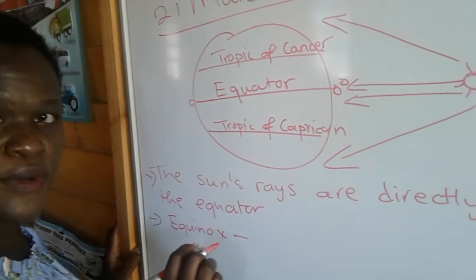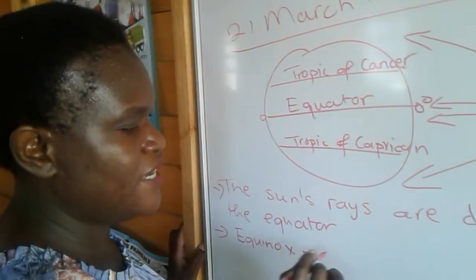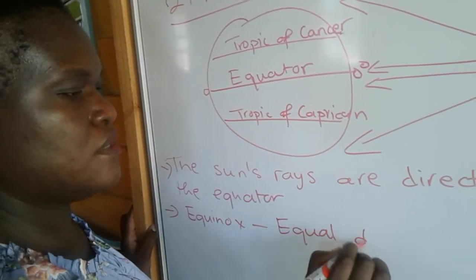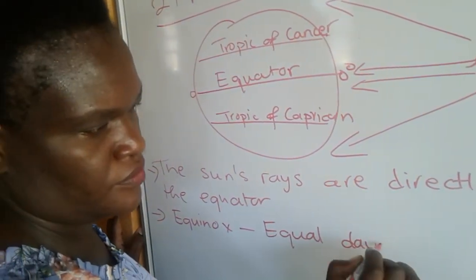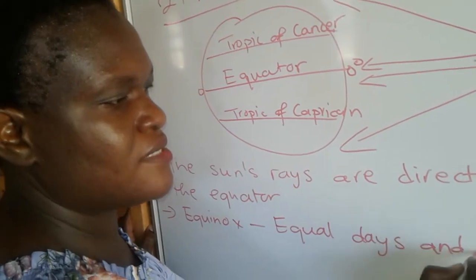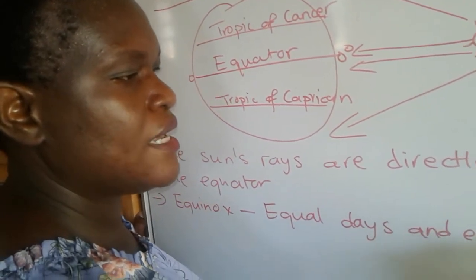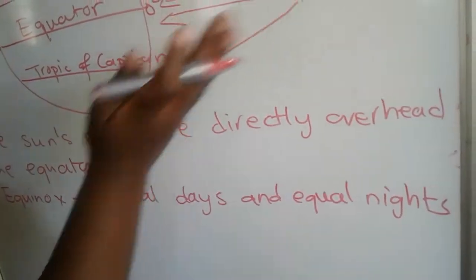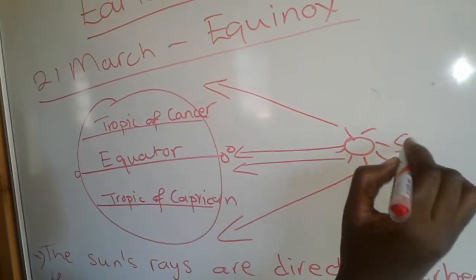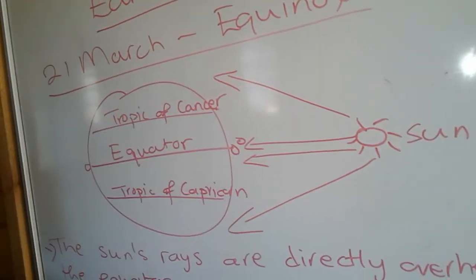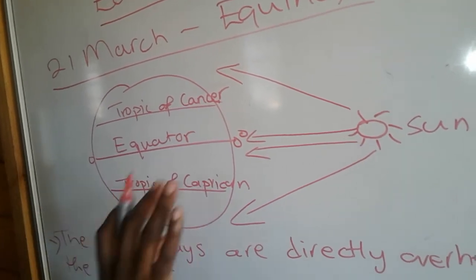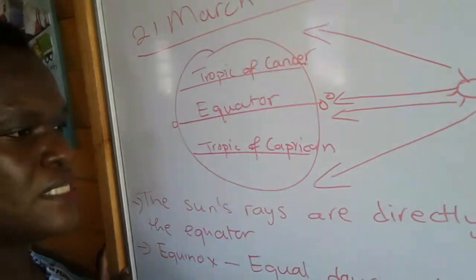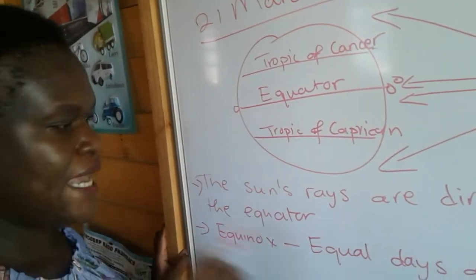The word equinox means that we are experiencing equal days and equal nights, and this is occurring throughout the world. As you can see with the Sun here, we are all experiencing the heat from the Sun at the same angles. So it means we are all experiencing equal days and equal nights.